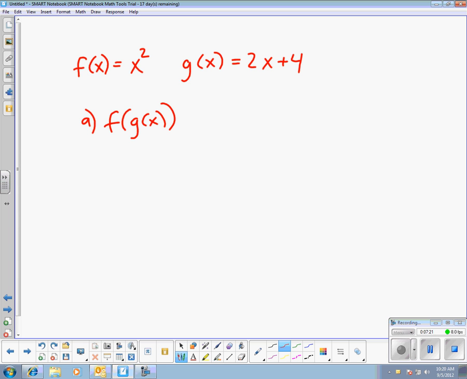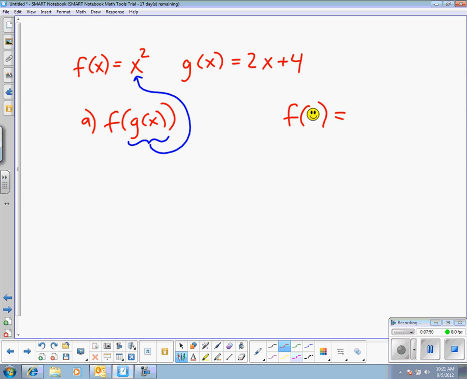Okay, and I cannot stress enough, whatever is in these parentheses, in this case, g of x, gets placed right there where x is. I usually make up a stupid example for my classes. Over here on the side, what would f of smiley face be?